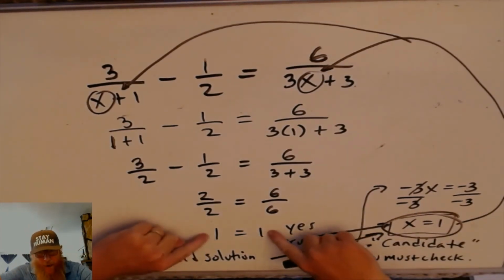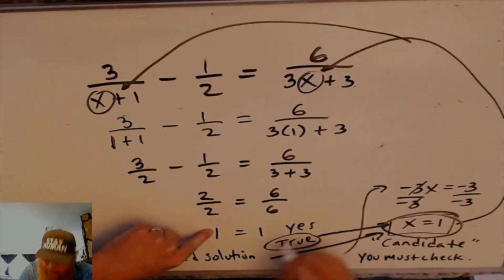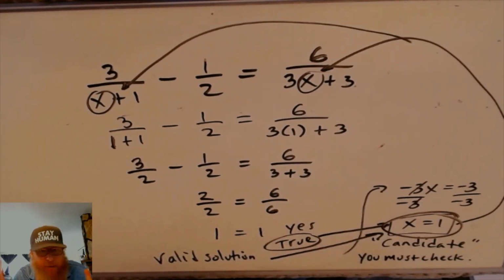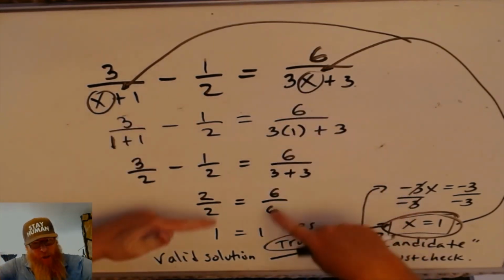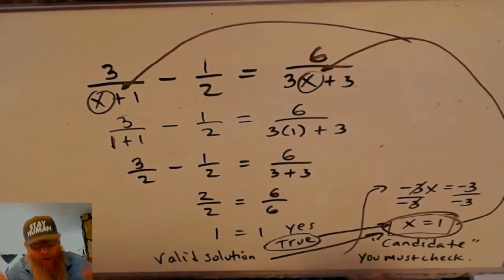It's a coincidence that these are 1. All we really care about is whether it's true or not. It's not always going to be 1. It just happened to be 1 this time. But what you really want to do is simplify both sides and then verify that it's not a false statement.